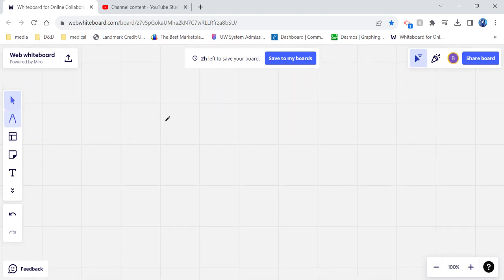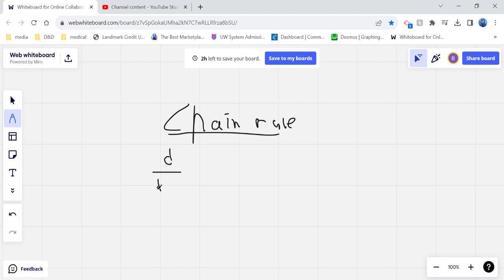What chain rule covers is taking the derivative of a composite of functions, right? So basically the derivative of f of g of x.